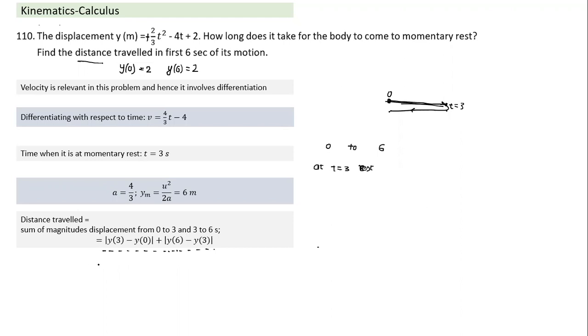And if I have to write it in integration form, I could have written the integral of v dt from 0 to 3, mod of this, plus the integral of v dt from 3 to 6. That's the distance traveled. Yes, sir. Okay. So I'm doing it in a more general way.